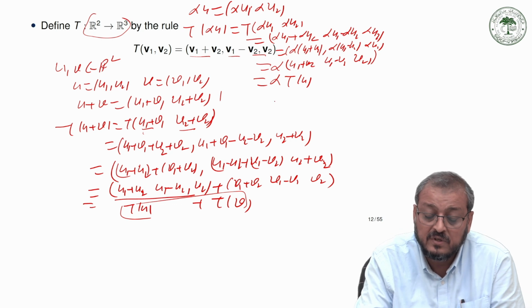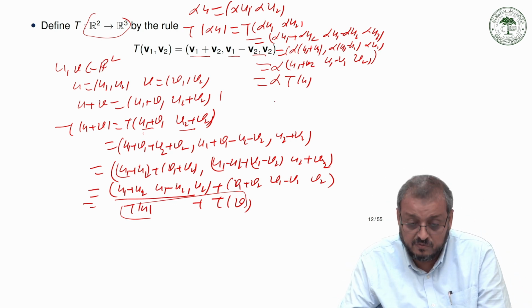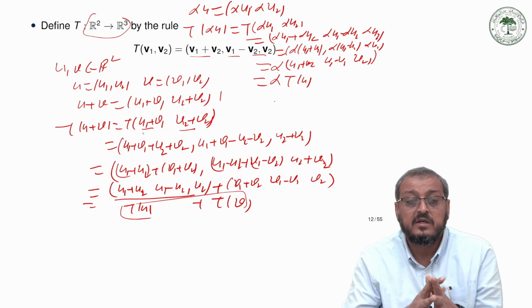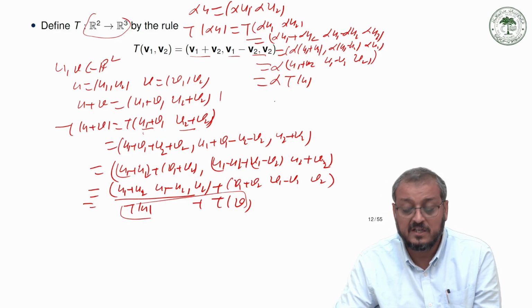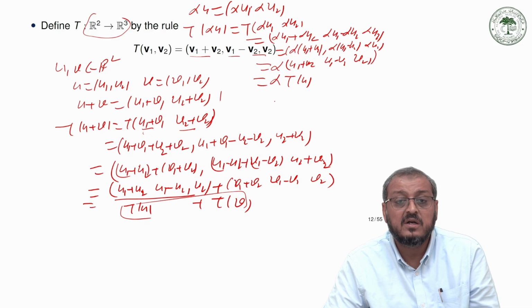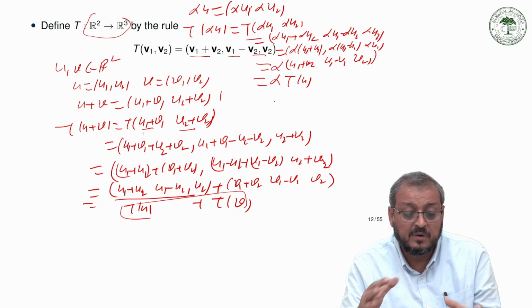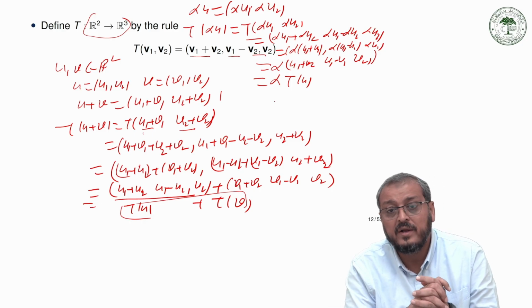So clearly T satisfies both conditions of linearity: it preserves vector addition and scalar multiplication, so both conditions of a linear transformation hold here.